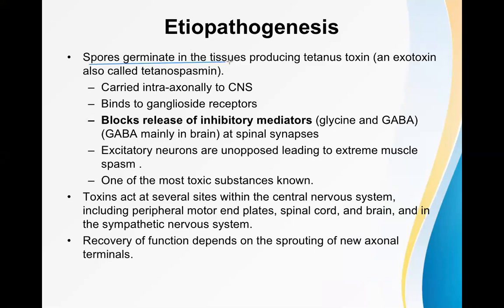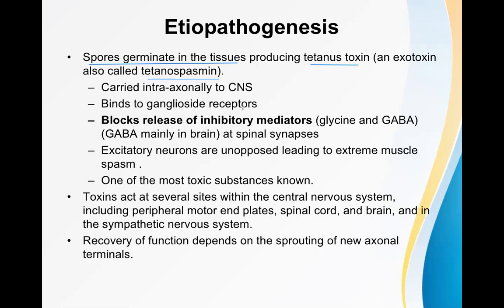Germination means they have spores; when the vegetative form of the bacteria comes out of the spore, this is called germination. After that, they produce the toxin, called tetanospasmin.